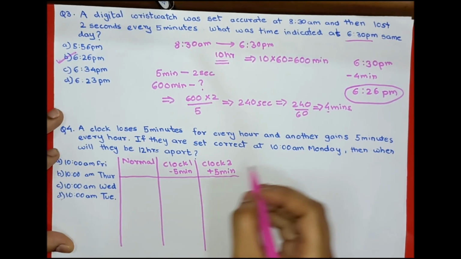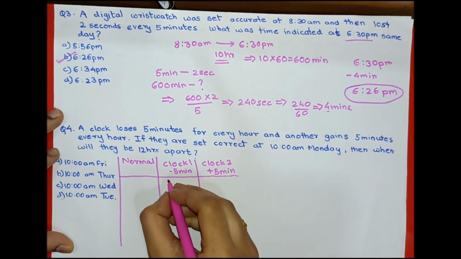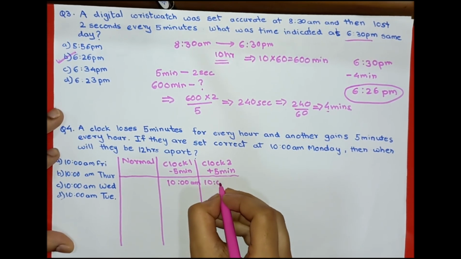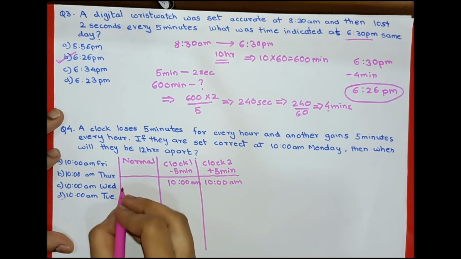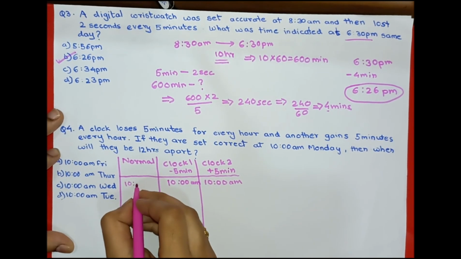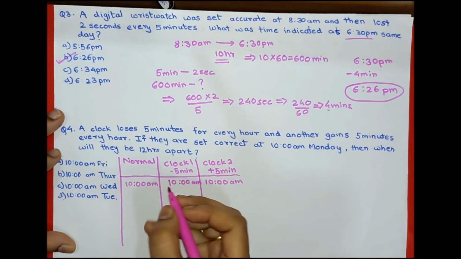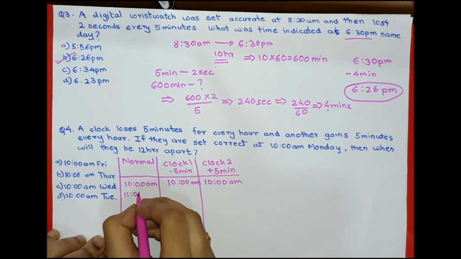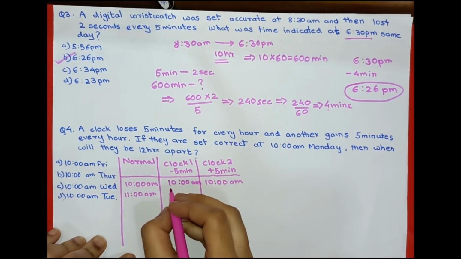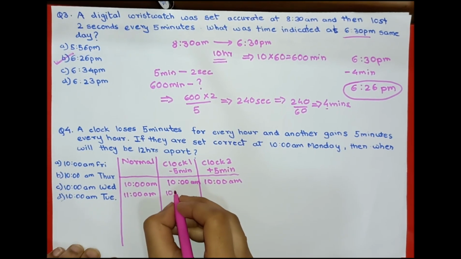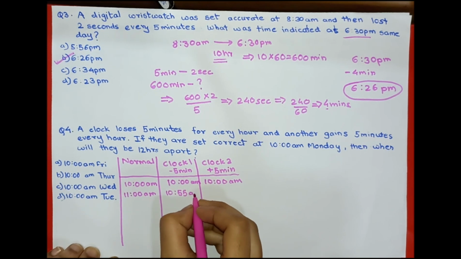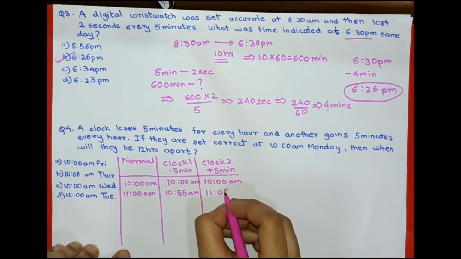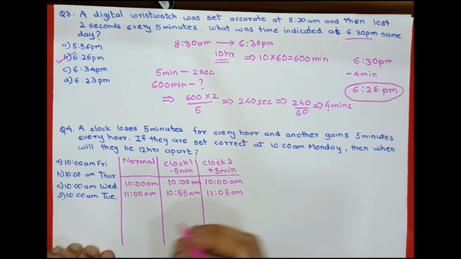So initially both the clocks were set at 10 a.m. So our assumed normal clock would also show the time as 10 a.m. Now after 1 hour, the normal clock would show the time as 11 a.m. The first clock will show the time as 10:55 as it is losing 5 minutes. And the second clock would show the time as 11:05 as it is gaining 5 minutes.